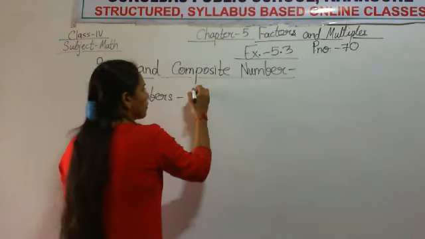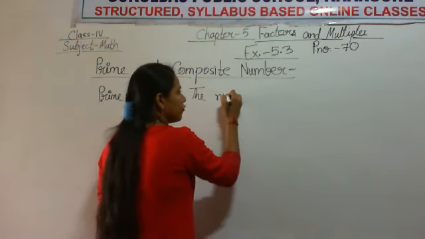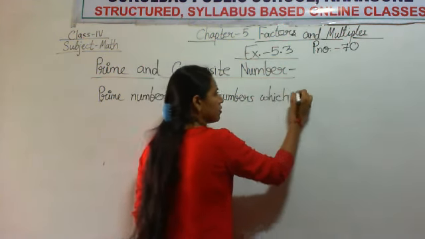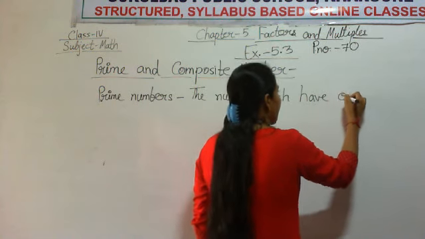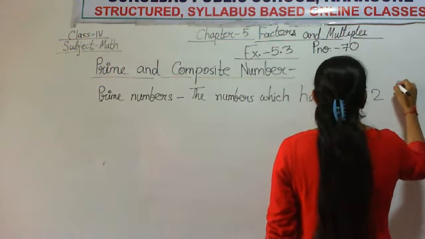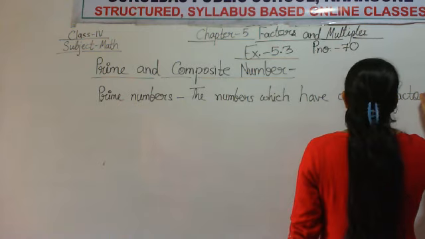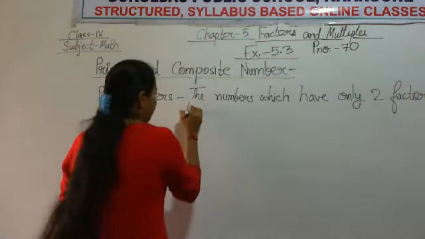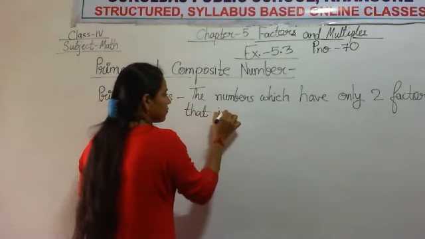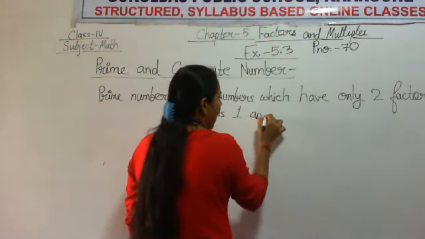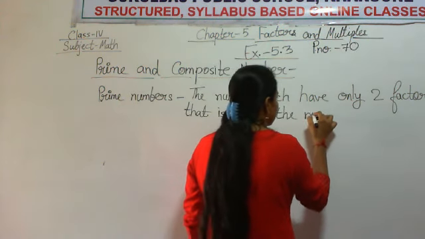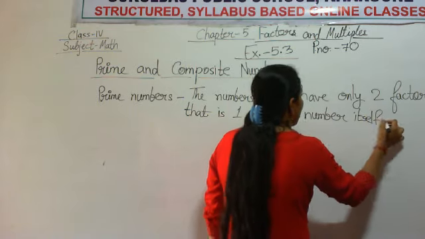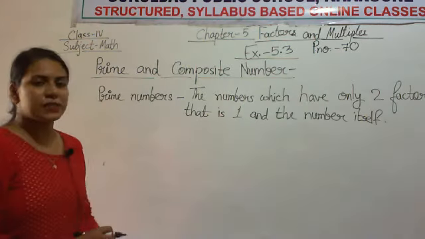Prime numbers, the numbers which have only two factors, that is 1 and the number itself, are known as prime numbers.